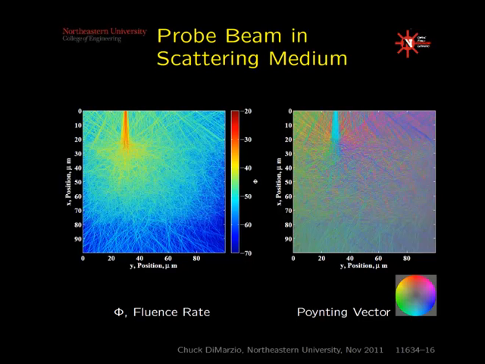And so here the Poynting vector is pointing down, and the magnitude is very close to E squared over Z. As we get into the medium, you can see that the Poynting vector becomes quite random, but generally speaking, on this side it's moving to the left, on the right it's moving to the right, and down below it's moving more down than up. Up above it's actually moving more up than down.